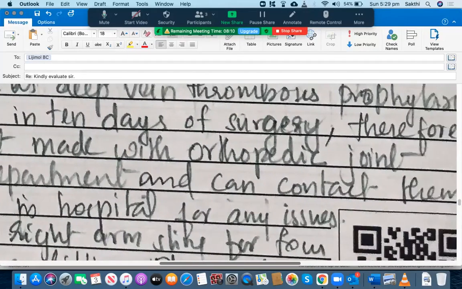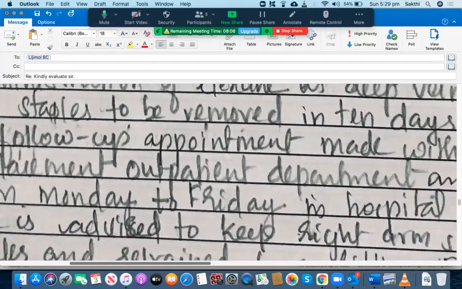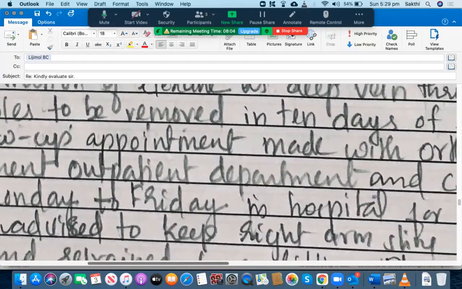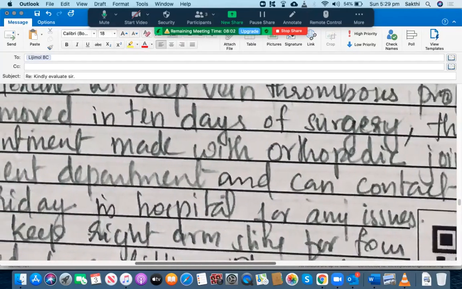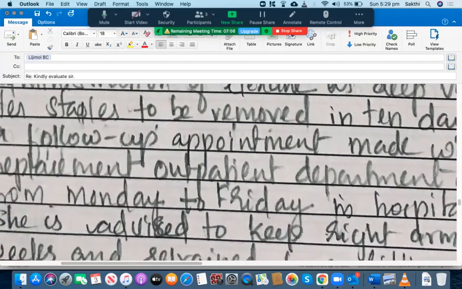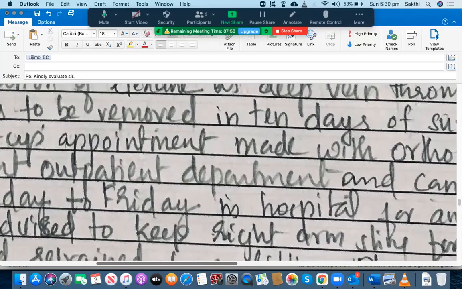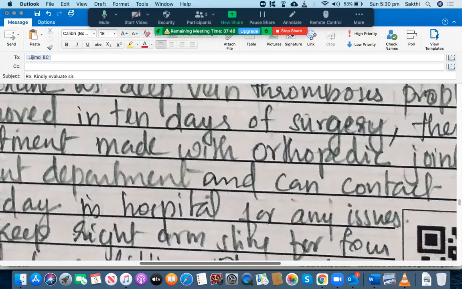All right. "And can contact them from Monday to Friday in hospital for any issues." Monday to Friday in hospital, right? You don't need to use "in hospital" and "can contact them." I don't know why you have mentioned this one, "for any issues."